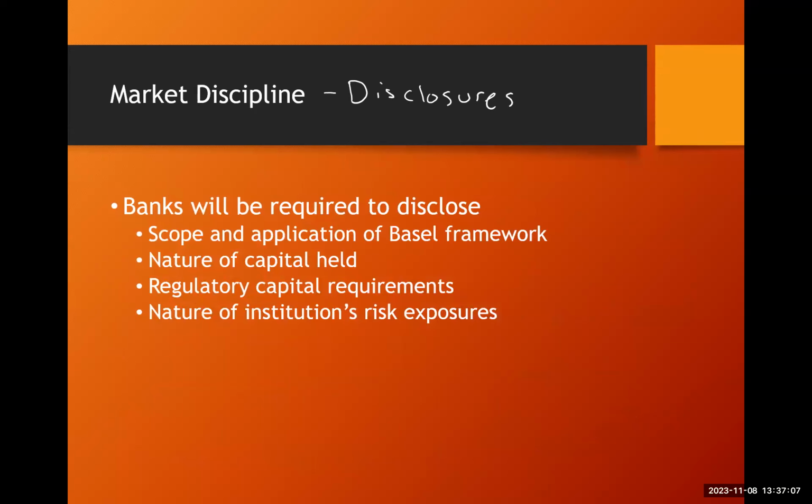The next part is about market disclosures, market discipline, which is about trying to make everyone in the market act relatively safely. So banks will be required to disclose the scope and application of Basel framework, the nature of the capital they hold, the regulatory capital requirements, and the nature of the institution's risk exposure.